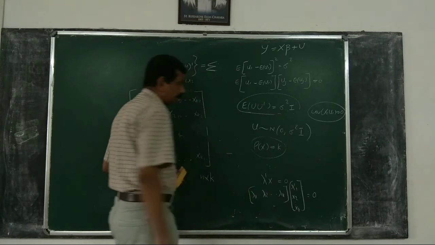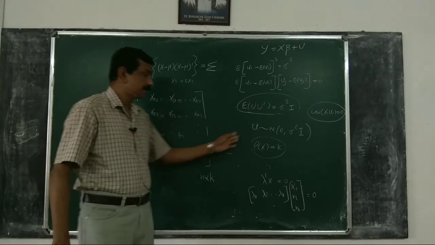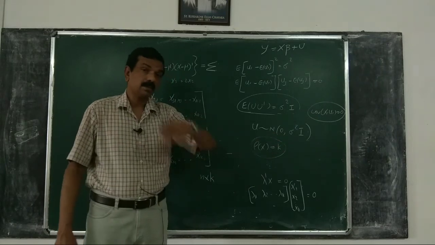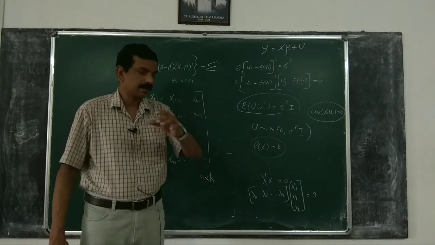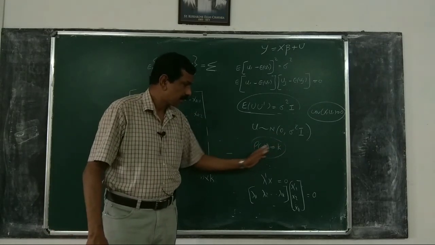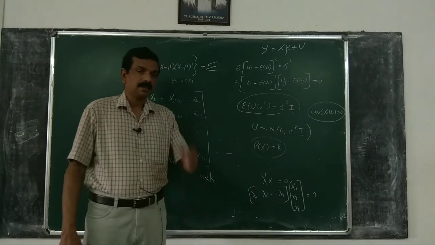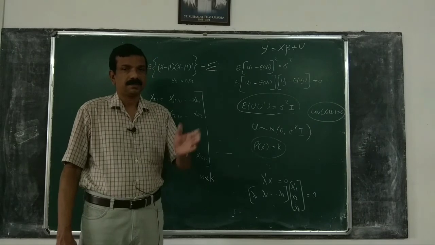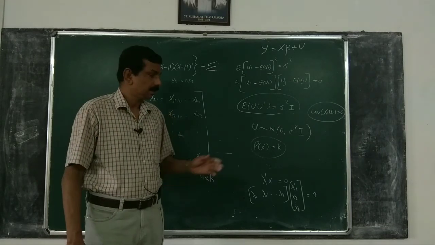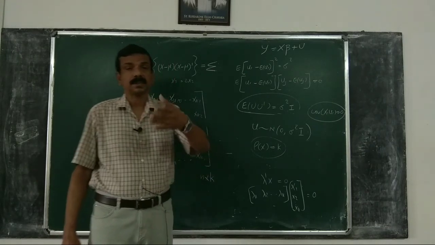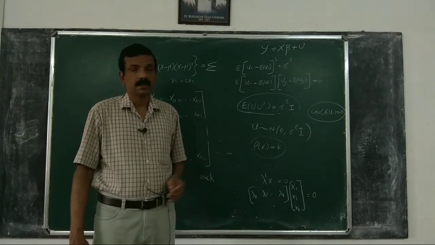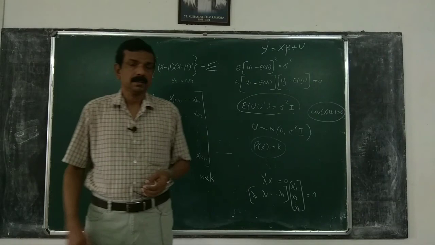It does not mean that rank of x will always be equal to k. This is an assumption. This is a requirement. We assume that rank of x is equal to k. Otherwise, matrix inversion will not be possible. And if matrix inversion is not possible, derivation of OLS estimators is not possible. So these are the assumptions of classical linear regression model in matrix form.